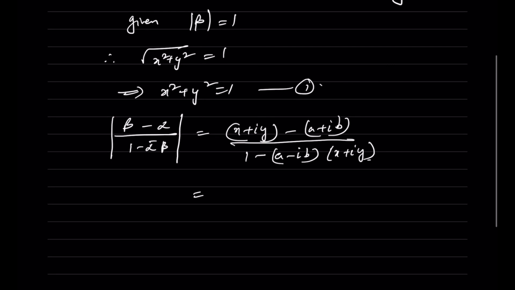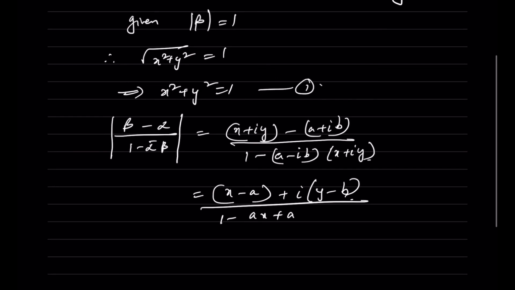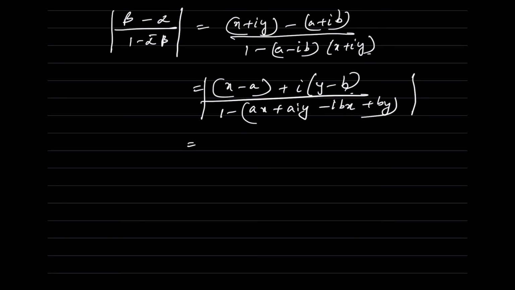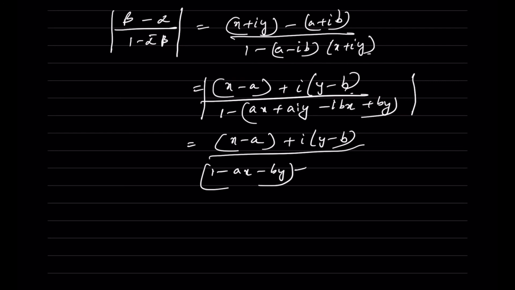So which is equal to x minus a plus i into (y minus b) divided by 1 minus ax plus aiy minus ibx plus by. So therefore this is equal to x minus a plus i into (y minus b) divided by 1 minus ax minus by plus i into (bx minus ay).